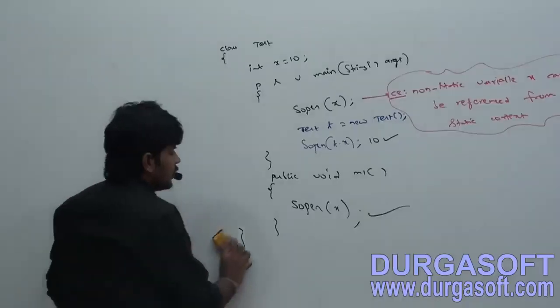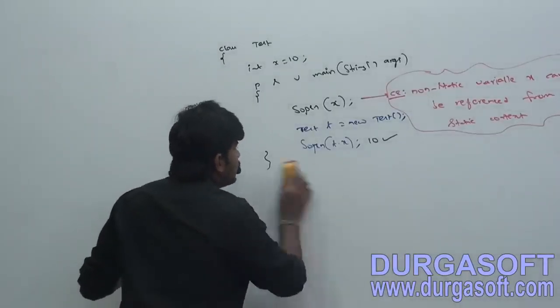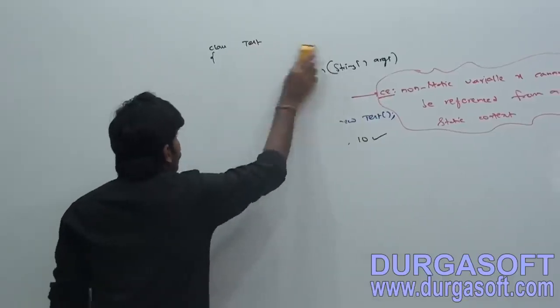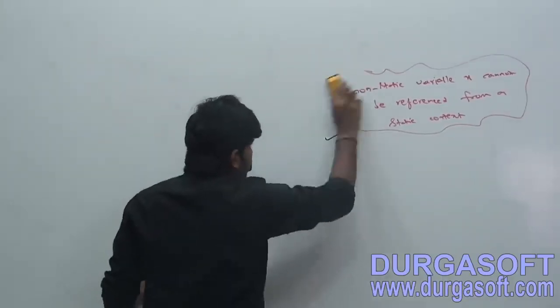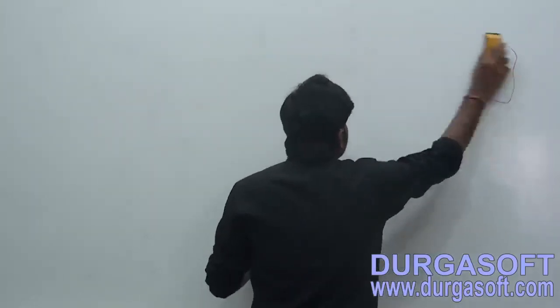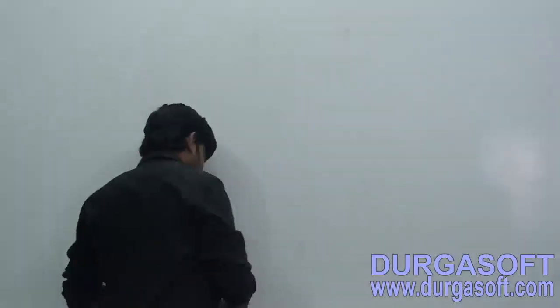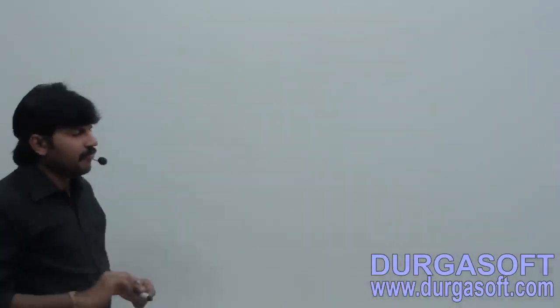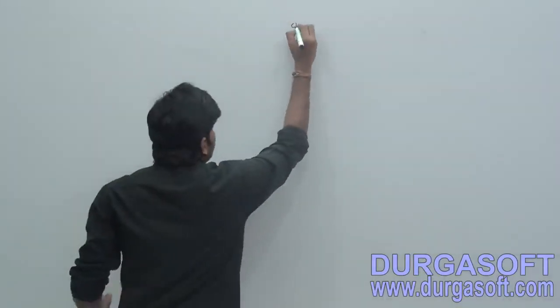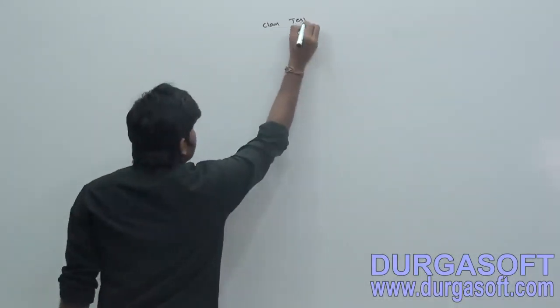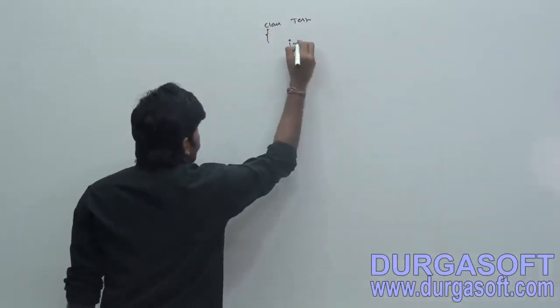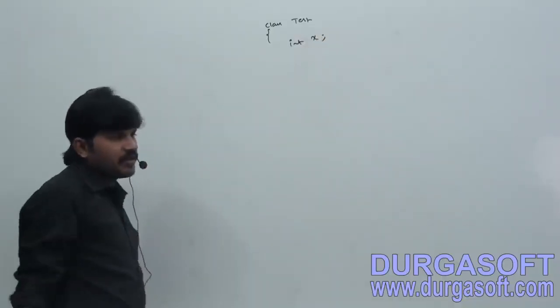So the next point, for instance variables, if I am not providing initialization, sir, I don't want to provide any initialization, right? Sir, just observe class Test, int x. Sir, can you tell what is this variable?